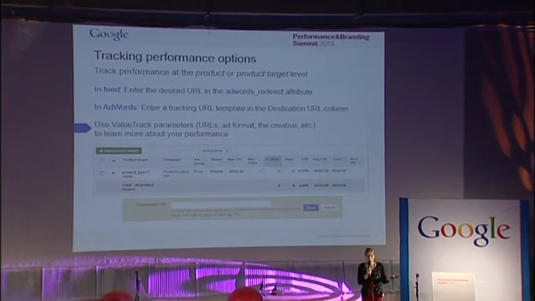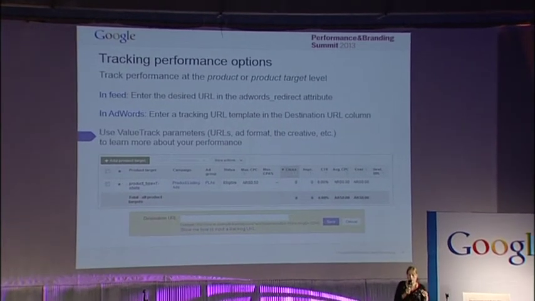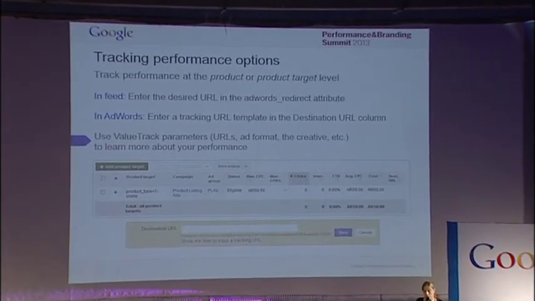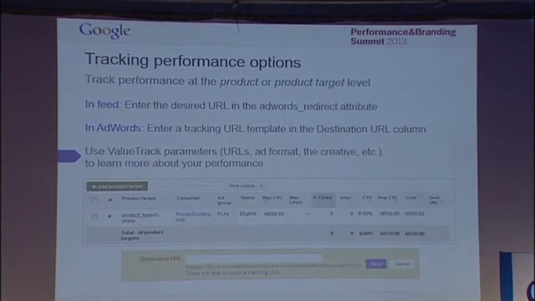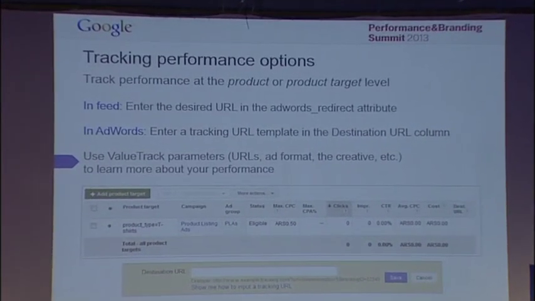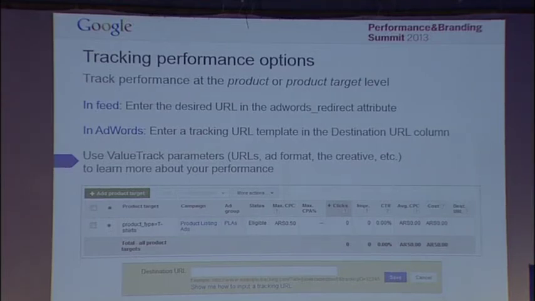And inside that tracking URL, you can put some ValueTrack parameters, for example, URL, so that you can get the tracking at the item level, thanks to the URL of the product. So one or the other, it's really up to what suits you best, but that's probably a good idea to have more granular info about the performance of your PLA.